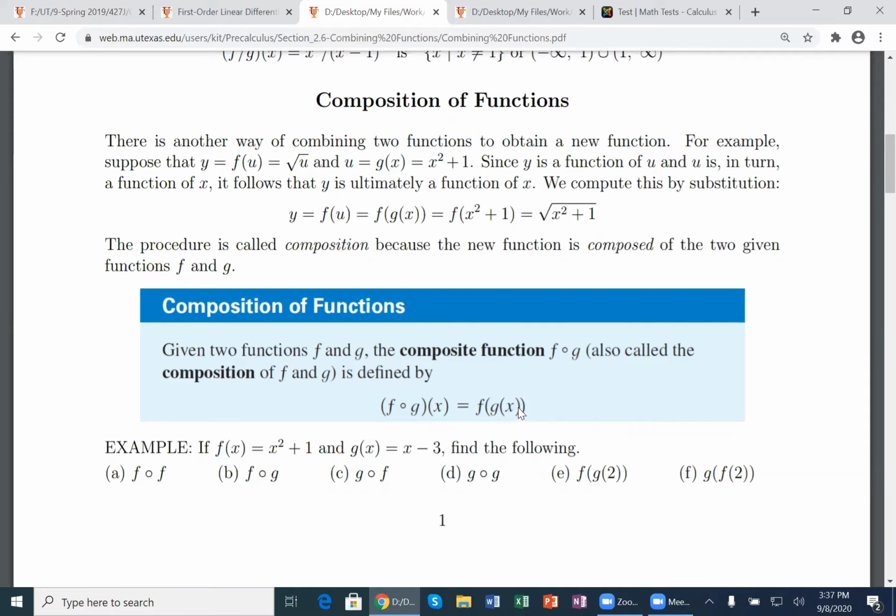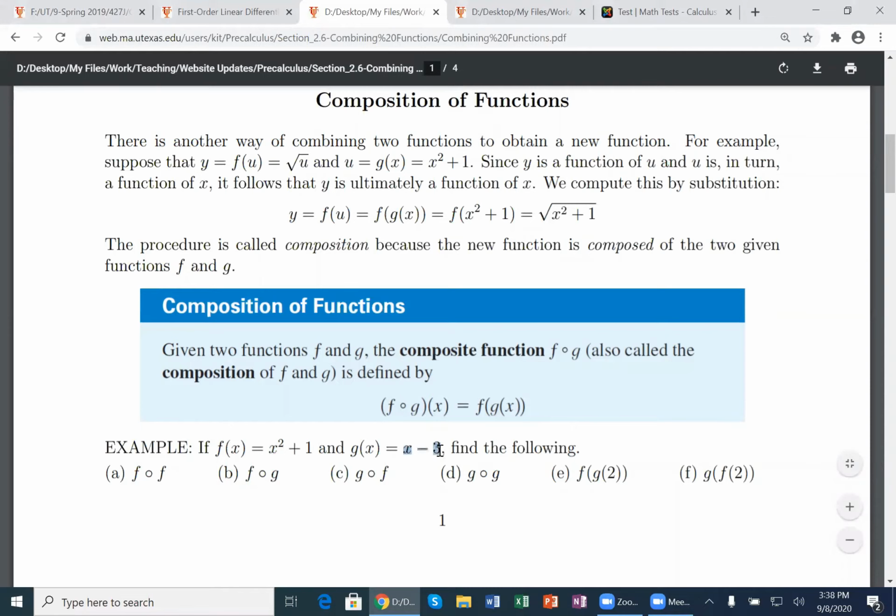We start with g, we act on g by f. For example, if f of x is x squared plus 1 and g of x is x minus 3, in order to find f of g, we replace x by this, by x minus 3.